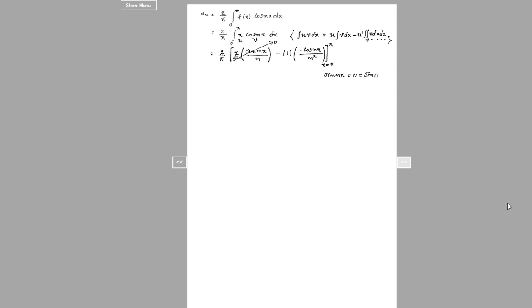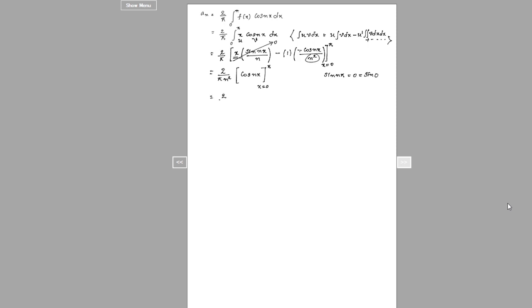Now you are left with minus into minus, which is plus, and the constant n square can be taken outside. So it is 2 by pi n square into cos n x, limit x equal to 0 to pi.